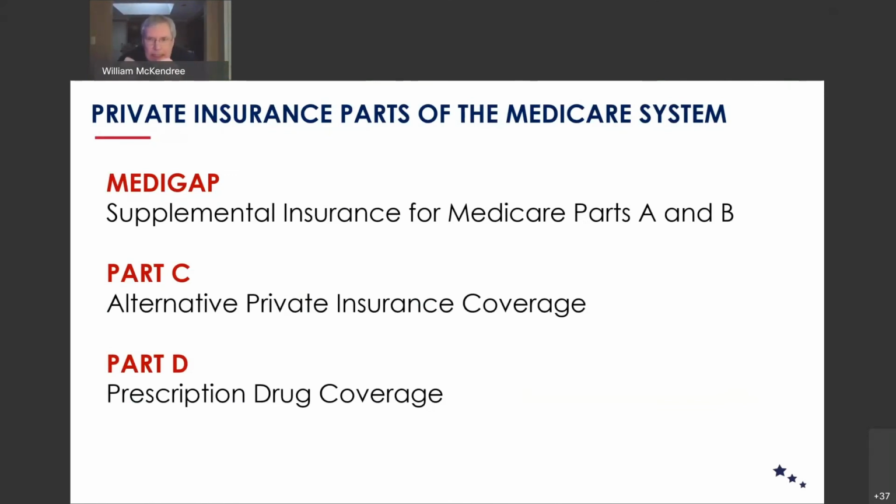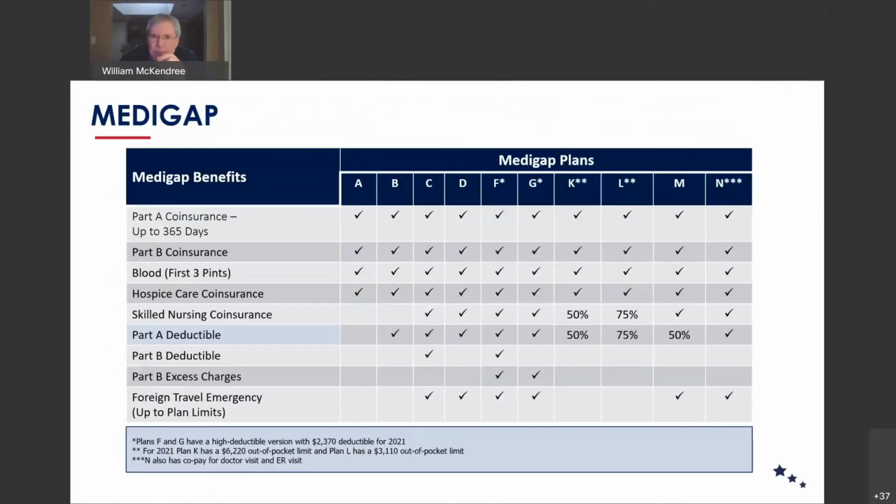Any company that's selling one of those levels of Medigap, A, B, C, D, F, G, etc., they must be by law identical. What they cover has to be exactly the same, no matter what company you're buying them from. So what's the difference? The premium, and how the premiums go up from company to company. The only variable is the cost that they charge.